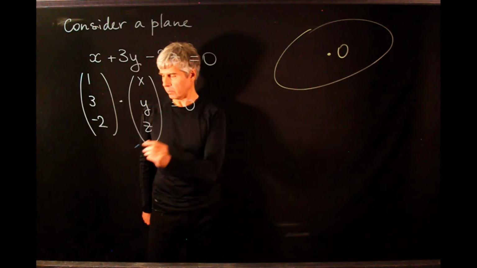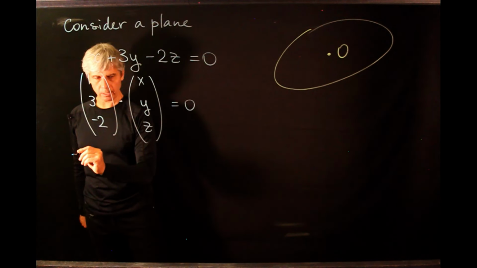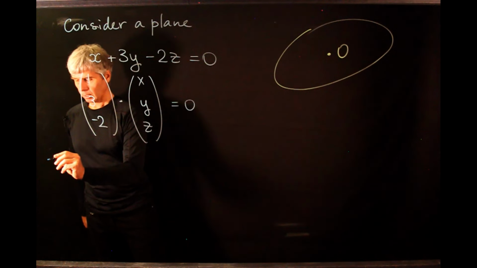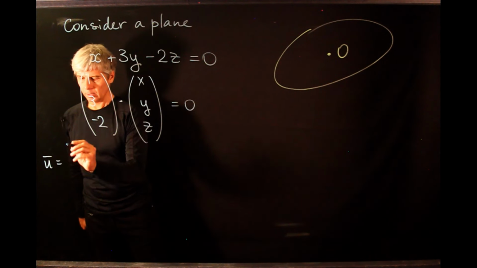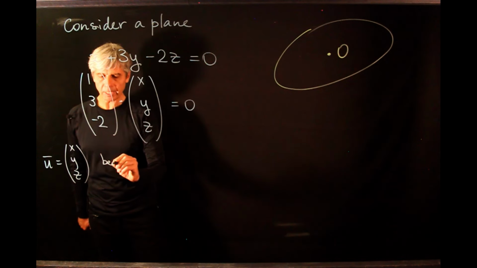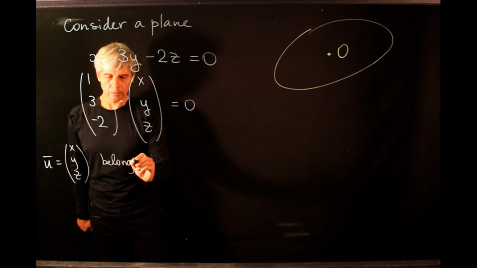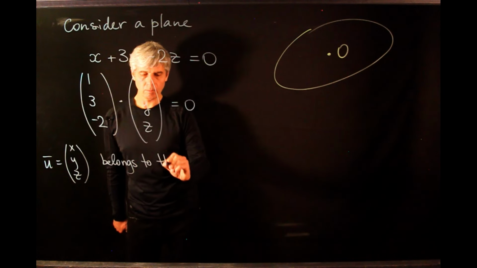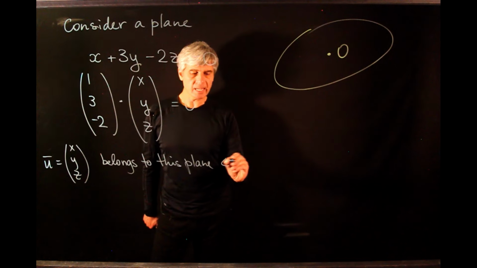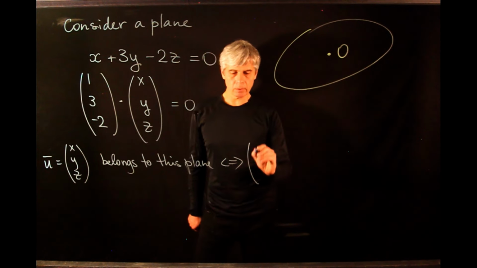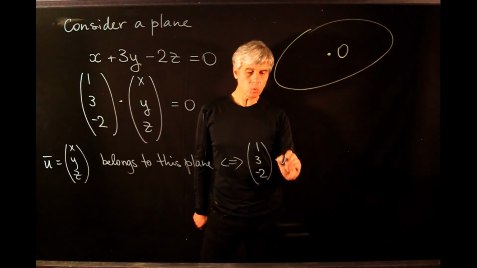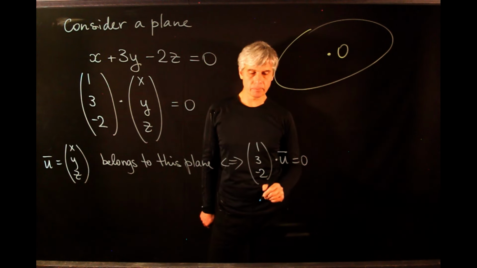So what we obtain from here is that a vector u, x, y, z, belongs to this plane precisely when the dot product of 1, 3, negative 2 with u is equal to 0.